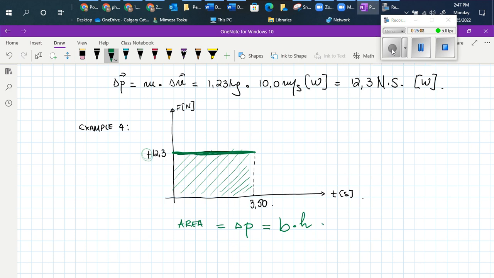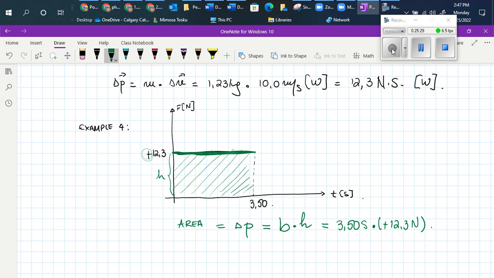And now the base will be 3.50 seconds, and the height will be positive 12.3 newtons.